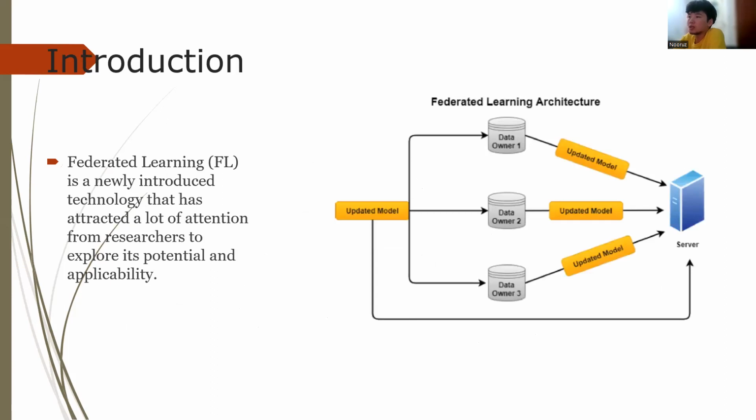Here, there's some introduction. FL is a newly introduced technology that has attracted a lot of attention from researchers to explore its potential and applicability. FL simply attempts to answer this main question: can we train the model without needing to transfer data over to a central location?